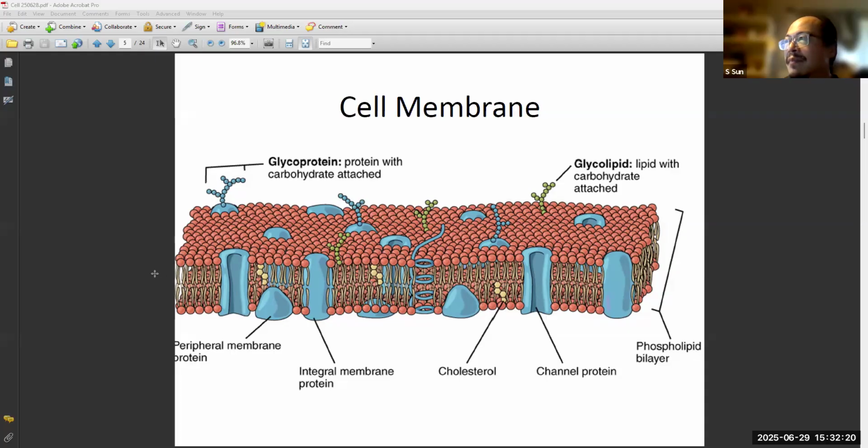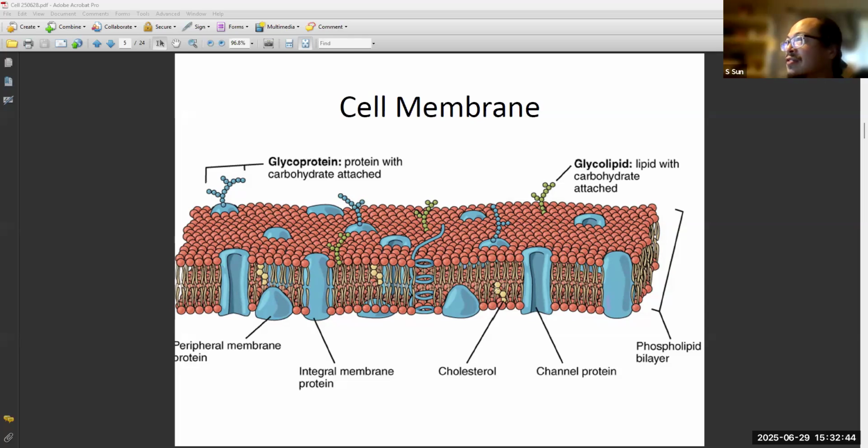If it were only the membrane, it would be completely blocked, separating intracellular space from extracellular space. So you have this channel to allow something to go through. You have another protein here that doesn't look like a channel. It works for another purpose.